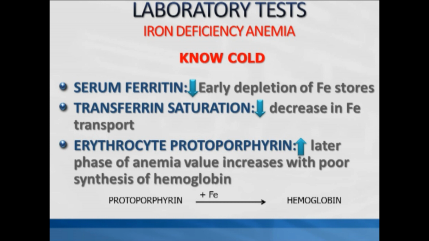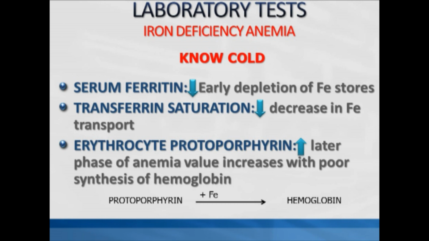And again, why does the erythrocyte protoporphyrin increase? It's because erythrocyte protoporphyrin requires iron in order to become hemoglobin.